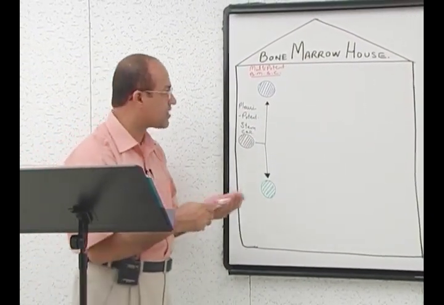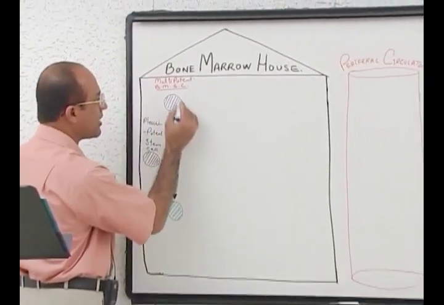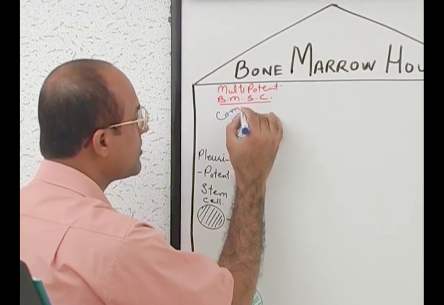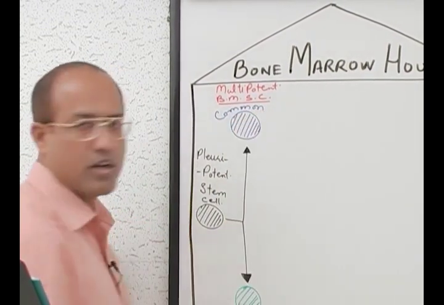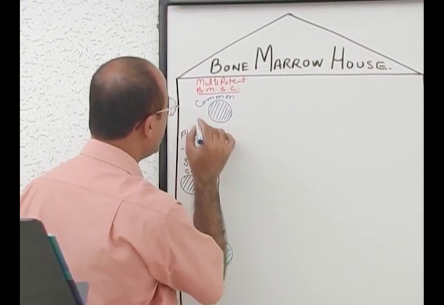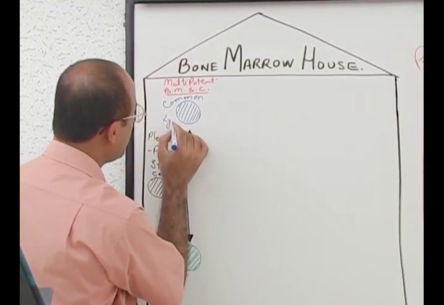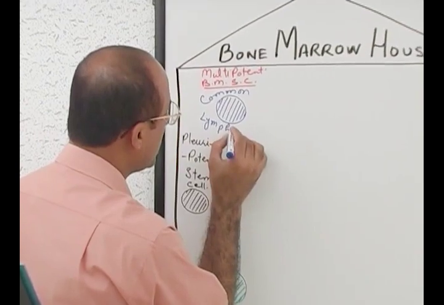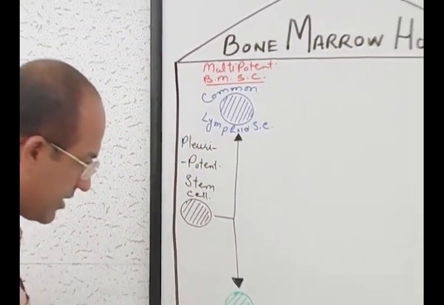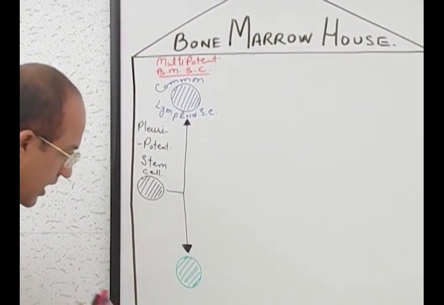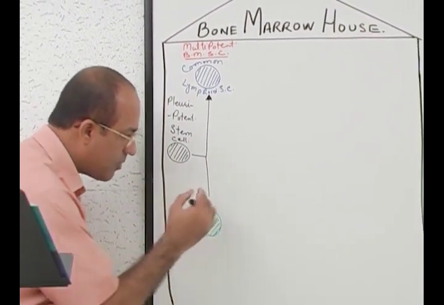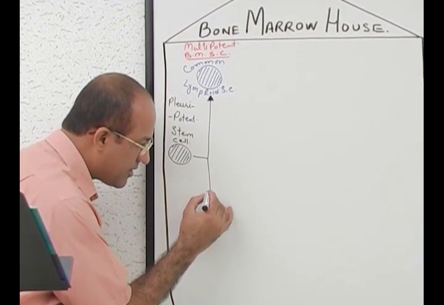These two are both multipotent, and this blue one is called common lymphoid stem cell because it is the origin of the lymphoid cells, right? And this one is for the myeloid cells, right?